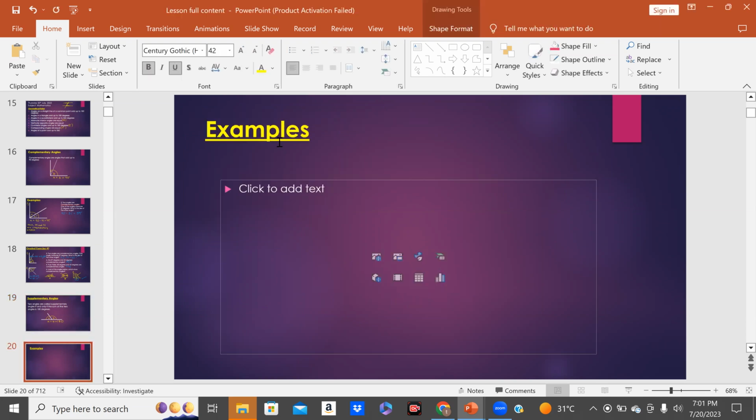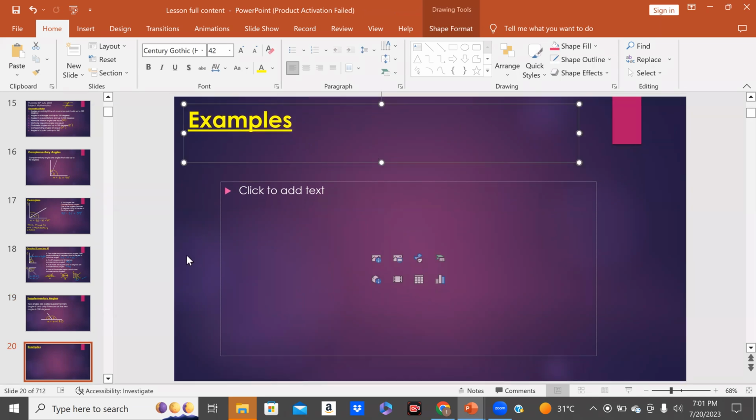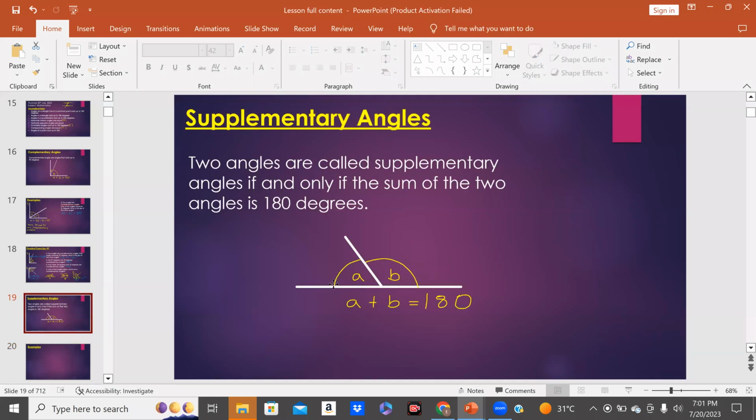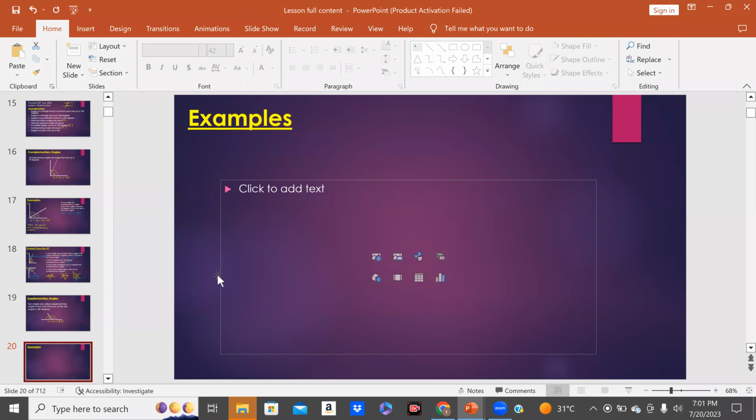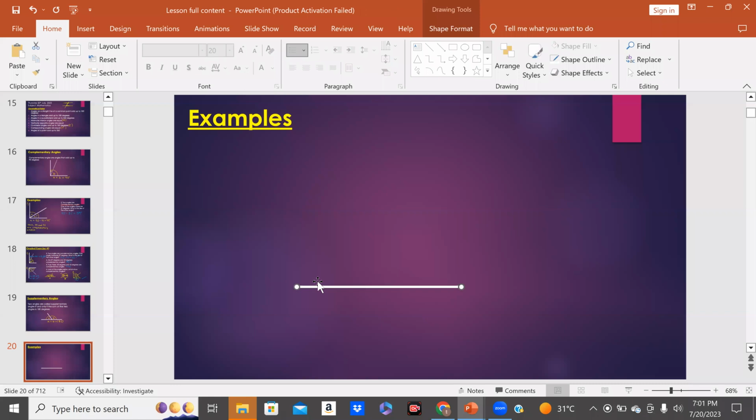So examples, let's try. It has to add up to 180 degrees.